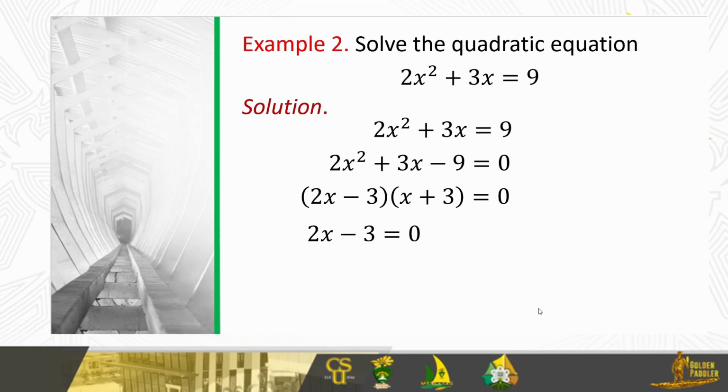Then, setting each of these factors equal to 0, we have 2x minus 3 equal to 0 or x plus 3 equal to 0. And these equations are now linear. Solving these linear equations, we get x equal to 3 halves or x equal to negative 3.